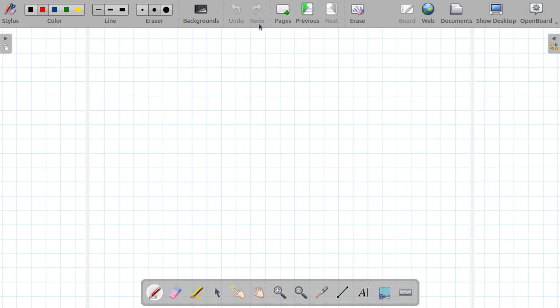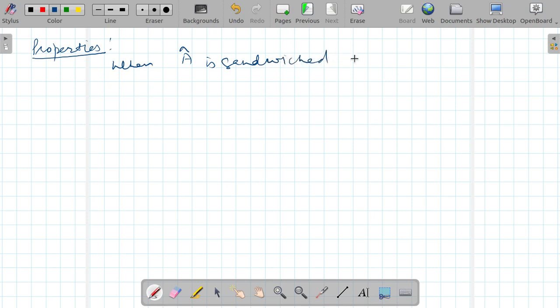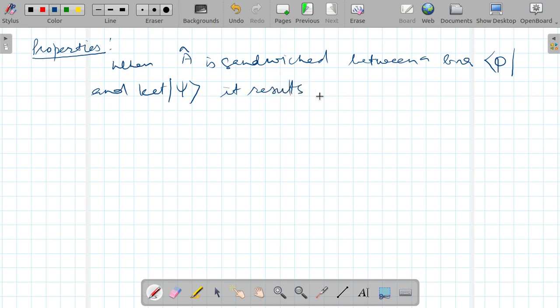Let us discuss a few properties of operators. When an operator is sandwiched between a bra phi and a ket psi, it results in a complex number.